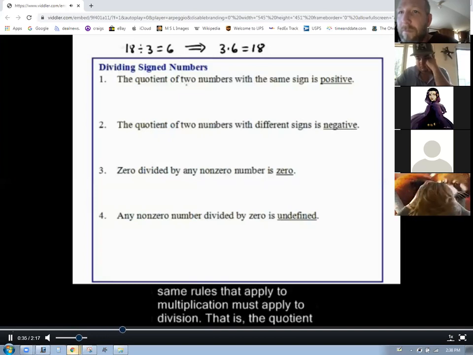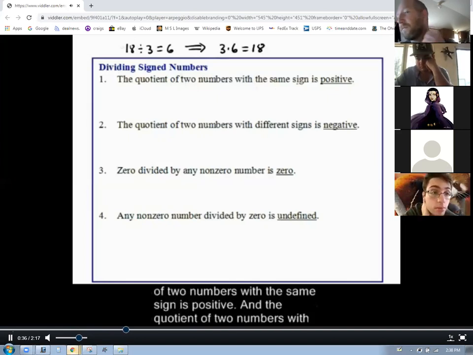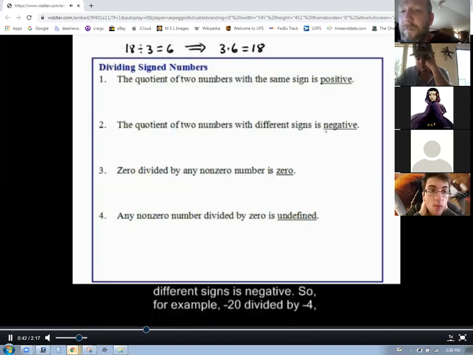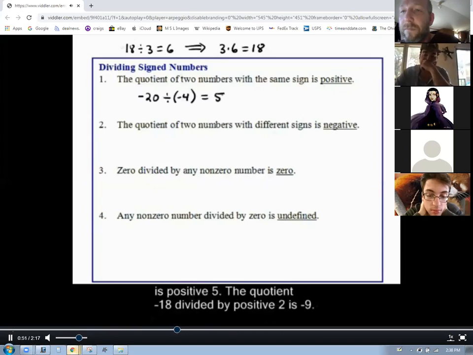That is, the quotient of 2 numbers with the same sign is positive, and the quotient of 2 numbers with different signs is negative. So, for example, negative 20 divided by negative 4 is positive 5. The quotient negative 18 divided by positive 2 is negative 9.